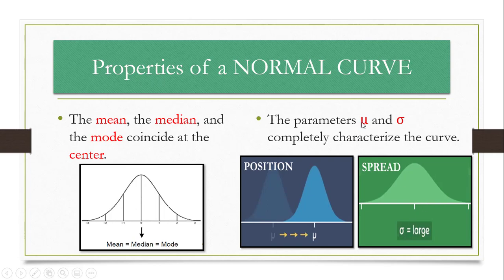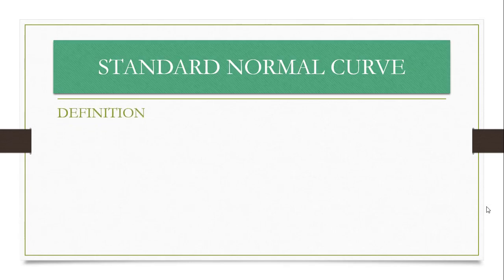Now, given that these measures determine the curve, we have this special type of normal curve, which is the standard normal curve. When you say standard normal curve, from the word standard, this will become our basis to solve problems involving normal distribution.